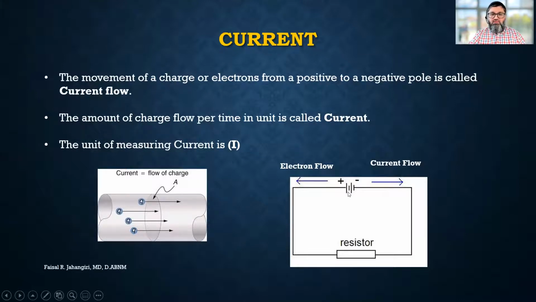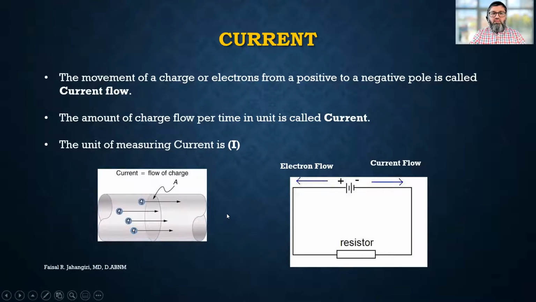If you are taking the exam or studying for IOM purposes, the movement of the electrons is opposite to the movement of the current. Electrons move from the positive pole to the negative pole, and the current moves from the negative pole to the positive pole.